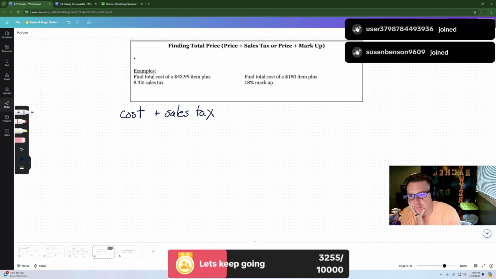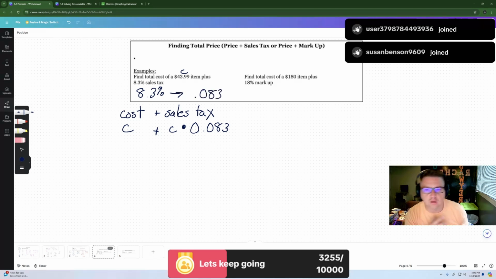If the cost of the item, let's call it C, so we're going to take C plus C times 0.083, because that's 8.3% converted to our decimal.